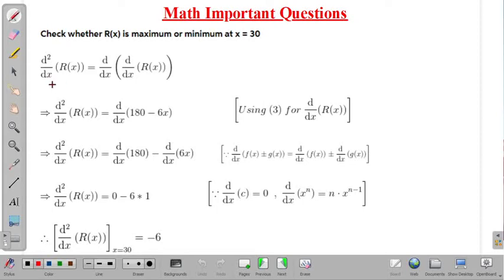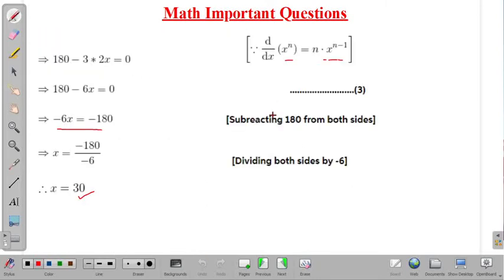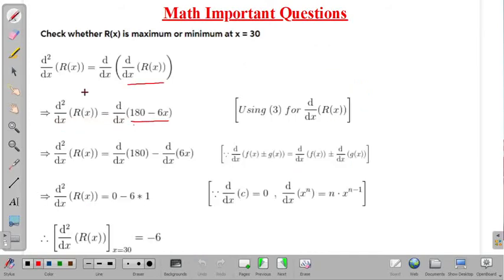Okay, so first we will calculate the second derivative of R(x). So d squared by dx squared of R(x) will be equal to d/dx of the first derivative. This is the first derivative of R(x), which we have just calculated. So it will be equal to d/dx of 180 minus 6x, and it can be written as d/dx of 180 minus d/dx of 6x.